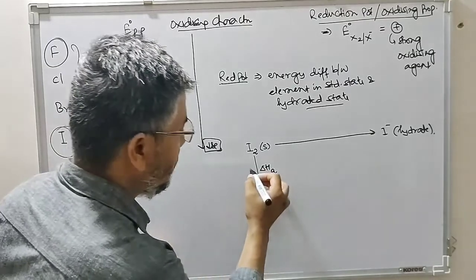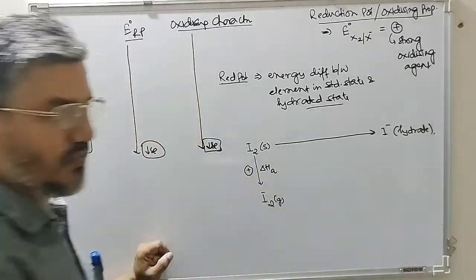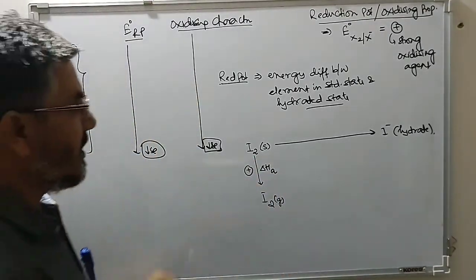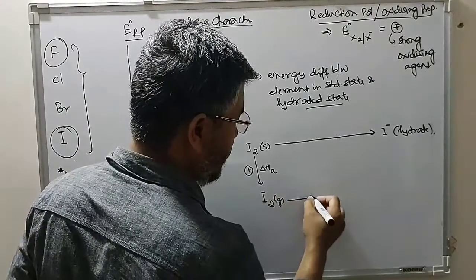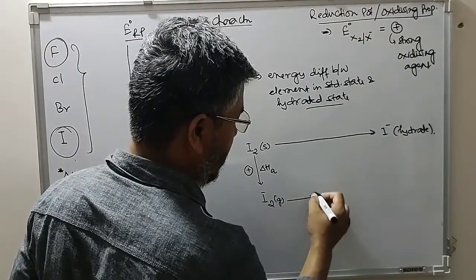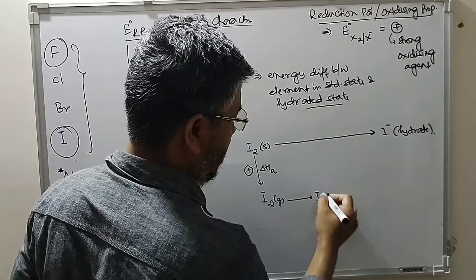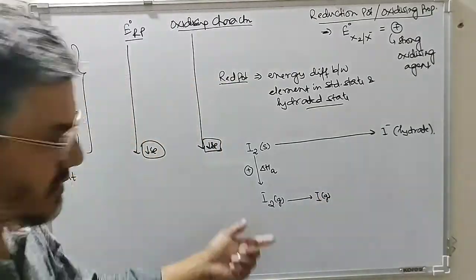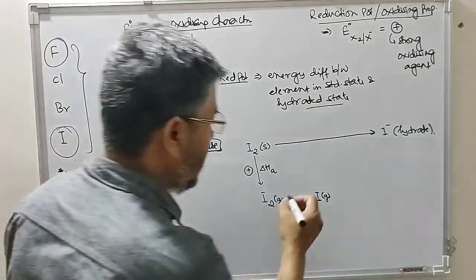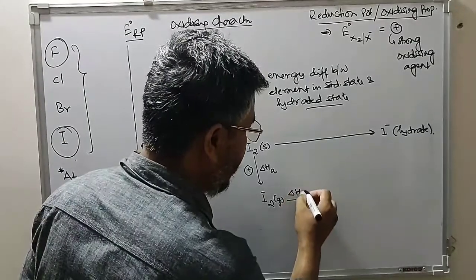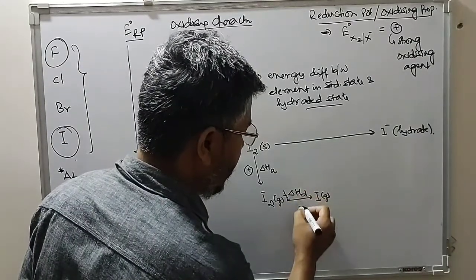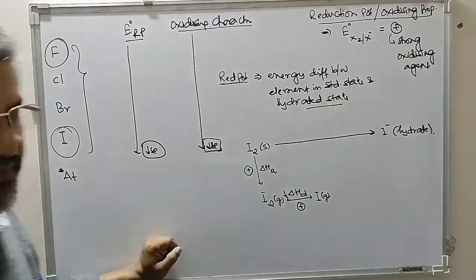This atomization enthalpy is always positive, as we supply energy. Then the gas is to be converted into atomic iodine, so we require energy known as the enthalpy of dissociation. Again this is positive.